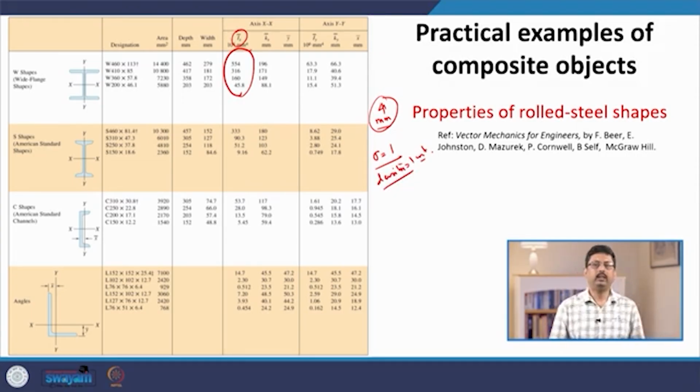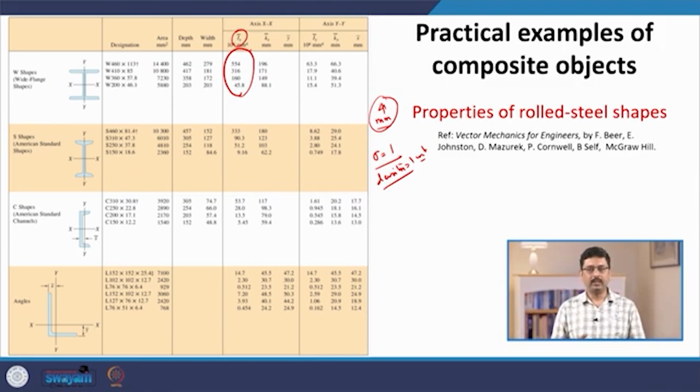In a real life situation, note that these shapes are not simple shapes; they are more like composite objects. This is the practical situation in a real context where, at least those of you who are engineering students, will be required to calculate the moment of inertia.